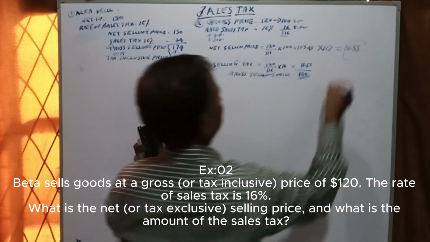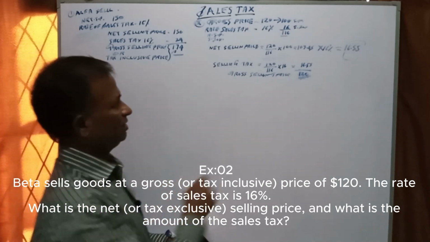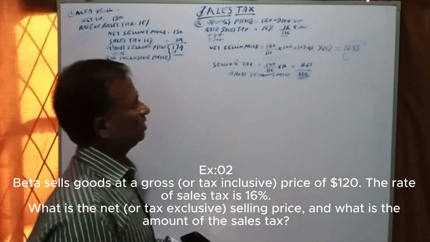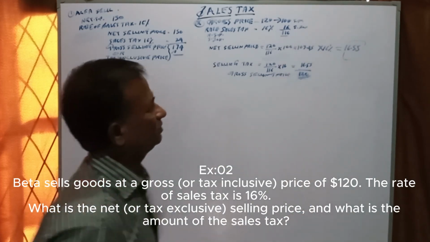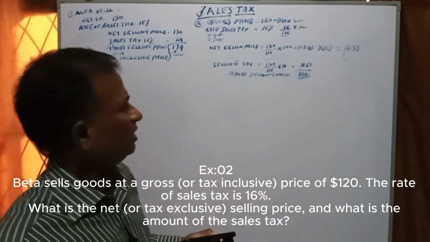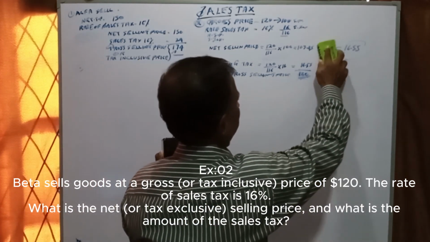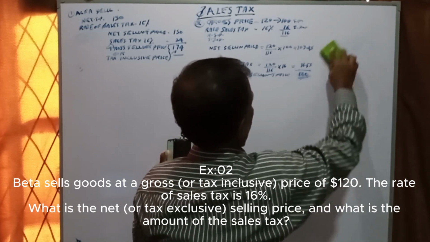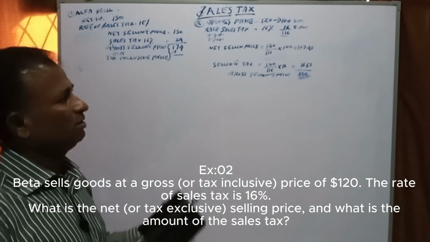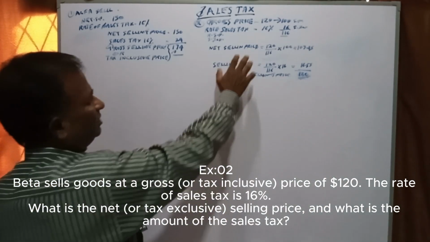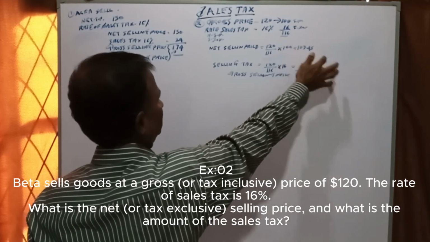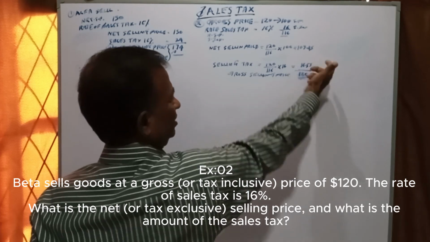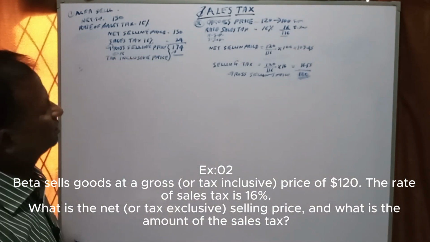You can cross check whether this is okay: if it is the net selling price, apply 16 percent on this and you will arrive at this same price.